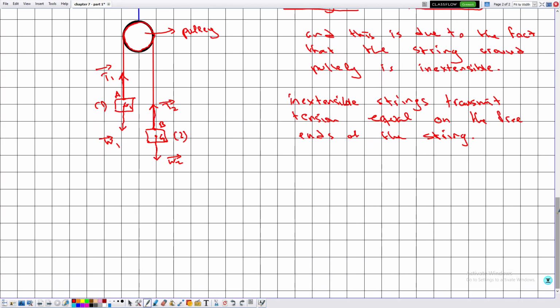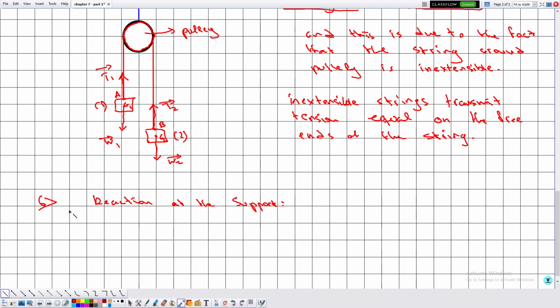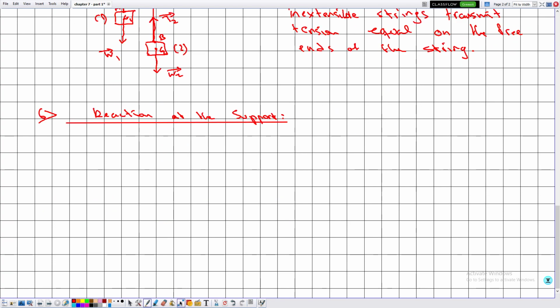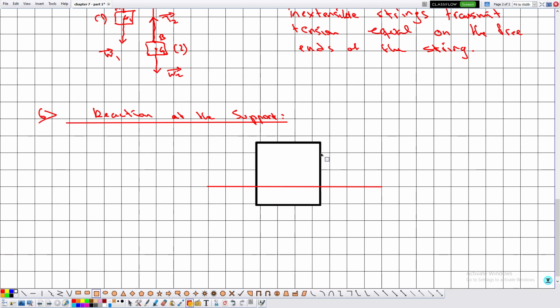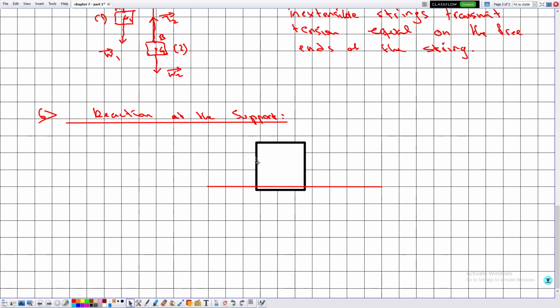Now let's move to the reaction at the support. Now suppose here we have a support and we have a box or a solid resting on this support, and let's suppose that this is the point A, the point of contact between the solid and the support, and let's say that the point G is the center of mass or the center of gravity of the solid.